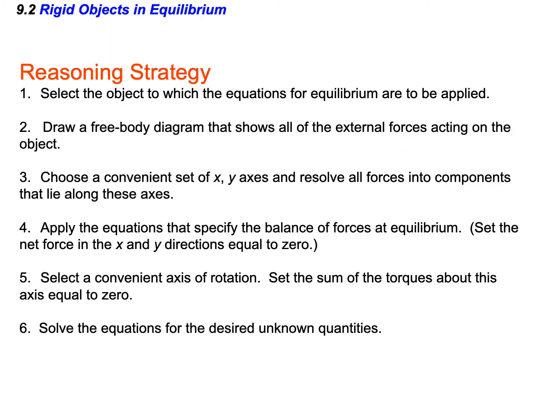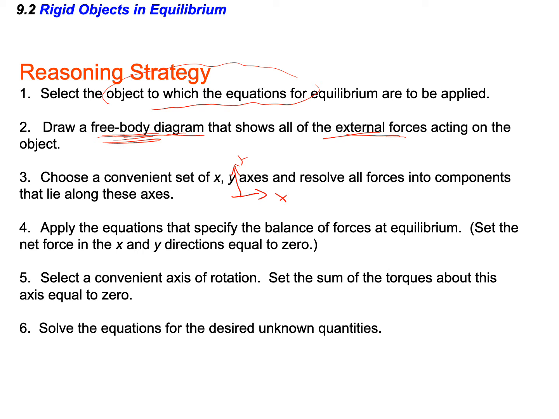When you work on these rotational dynamics problems, you have to select the object you're going to apply the kinematic and Newton's laws to. The next step is to draw a free body diagram, label all the forces, and draw all the forces acting on the object. We normally use this as positive X and this as positive Y direction.